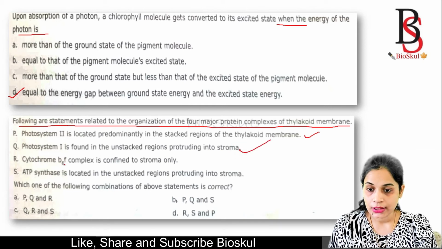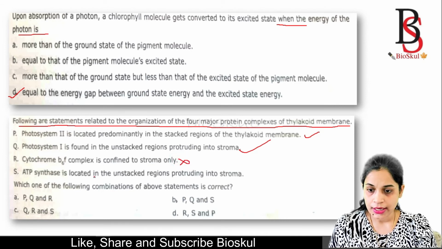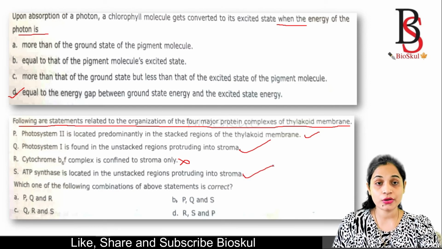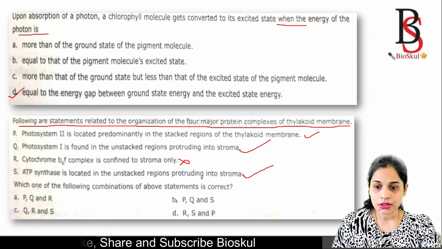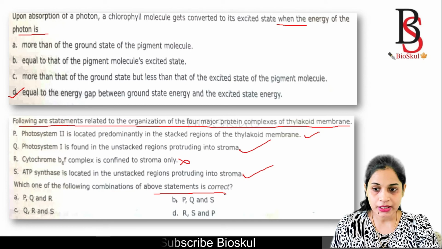Okay. Then cytochrome b6f complex is also confined to the stroma only. No, it's not. ATP synthase is located in unstacked region protruding into stroma. Yes, it is protruded into the stromal region. So which one of the following combinations of the above statements is correct? The correct statements are P, Q and S, that is option B.